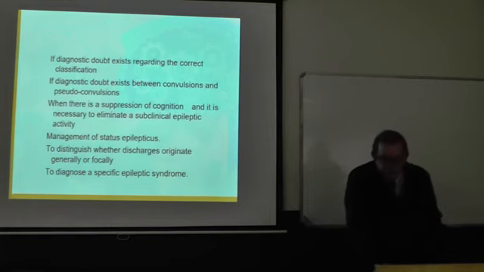Can you quickly tell me, Marisa, what epilepsy syndrome has got a very specific EEG? Any one of two that we've discussed. Hypsarrhythmia in West syndrome, and 3 per second spike waves in absence seizures.